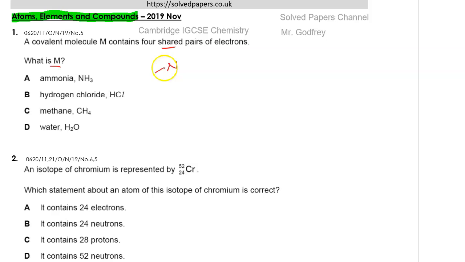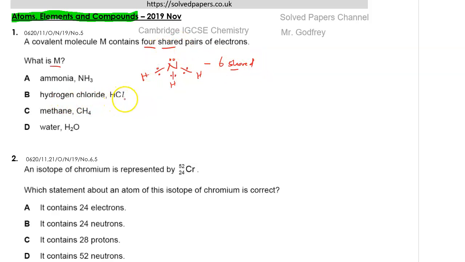Ammonia is N with 3 hydrogen atoms, and these 3 hydrogen atoms are each sharing a pair of electrons with nitrogen. This nitrogen atom here also has an unshared pair of electrons. We are told M has got 4 shared pairs. Ammonia has got 6 shared electrons, and therefore it is not ammonia.